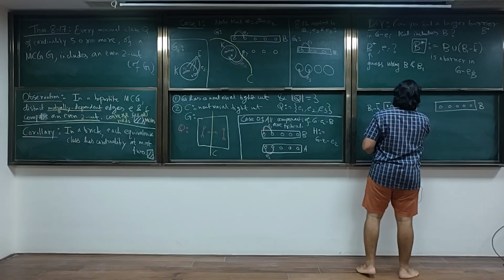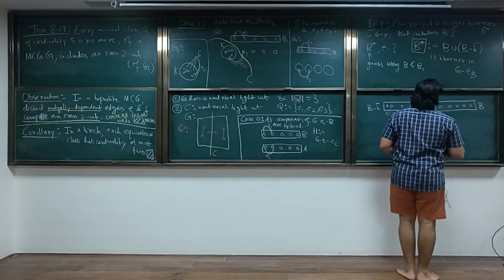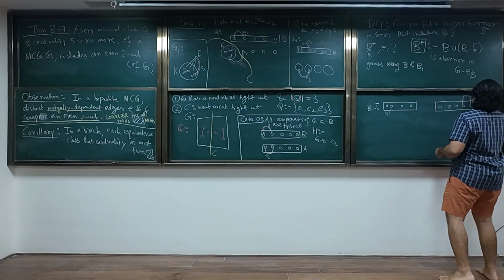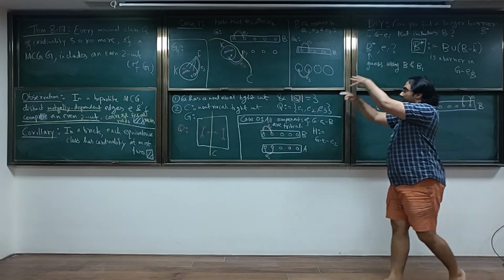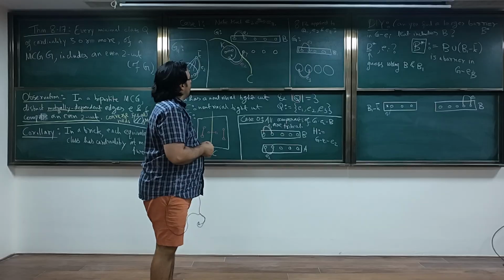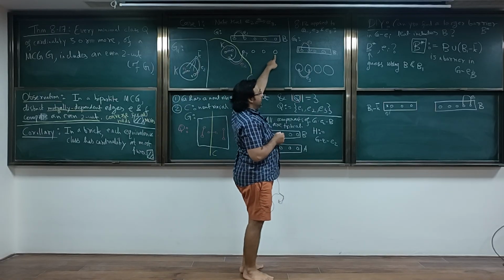So E2 has an end here. I'll just draw E2 like this. I don't care where it goes right now. E1 has both ends here. I've moved things around in my drawing, but at least the number of vertices is the same. Let's look at this drawing and let's pay attention to one component.